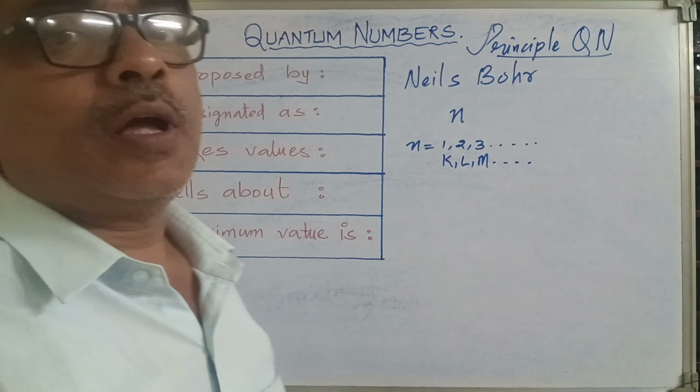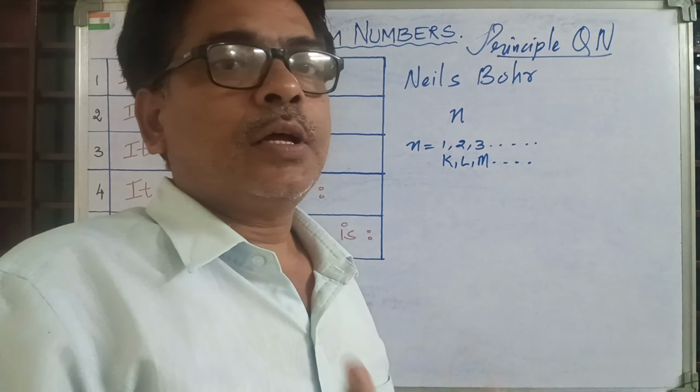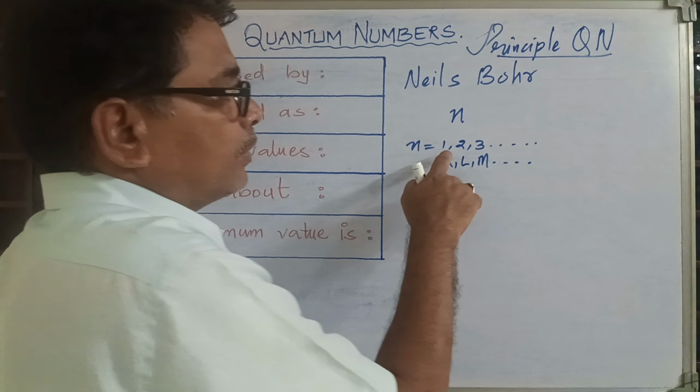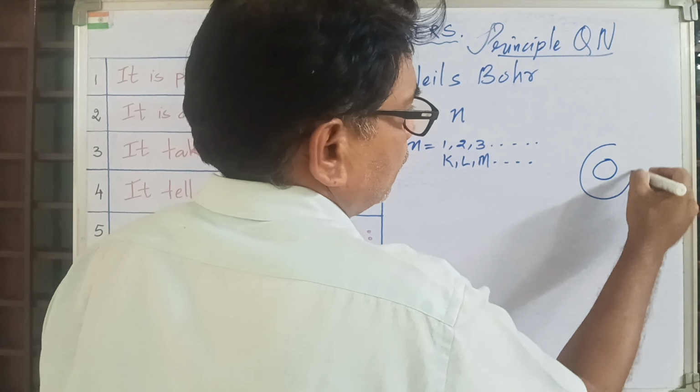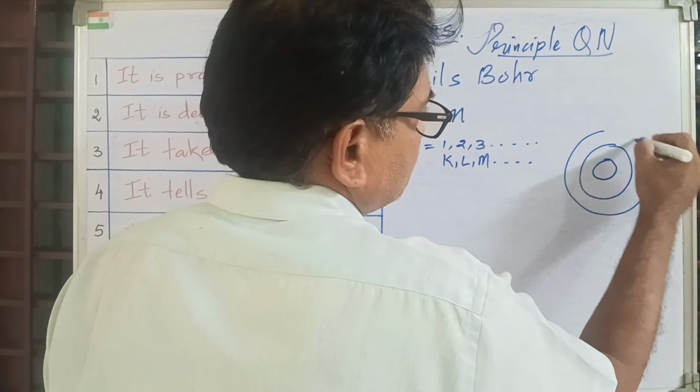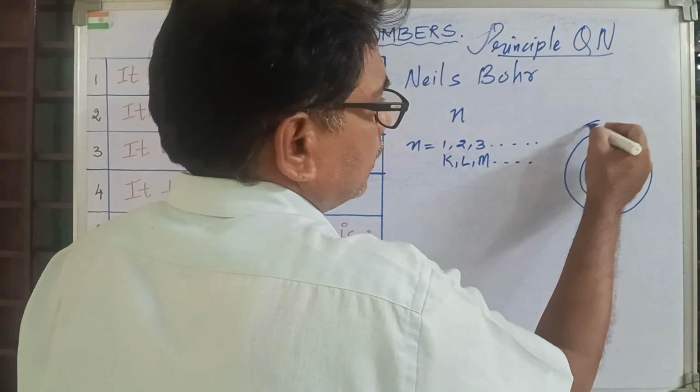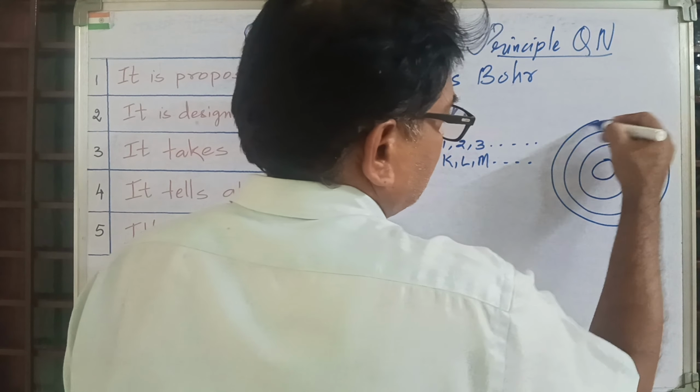Like today we have our own name as well as an Aadhaar number, in the same way these shells have names. This is the nucleus, this is the first shell or orbit, second shell or orbit, third shell or orbit, and it goes on.